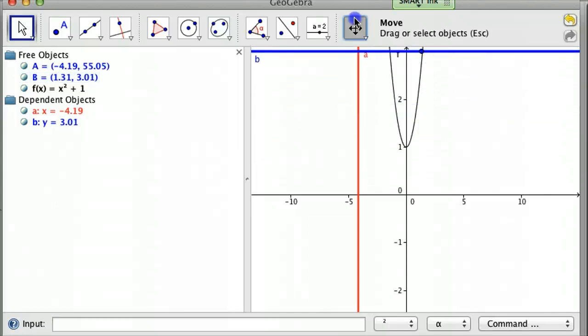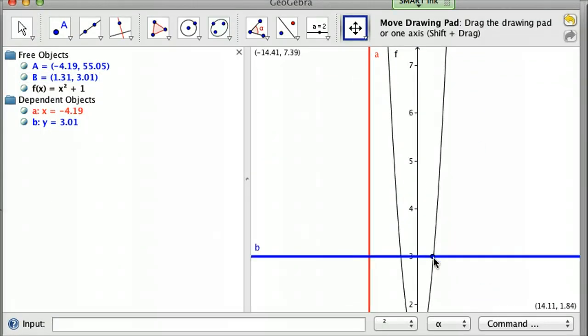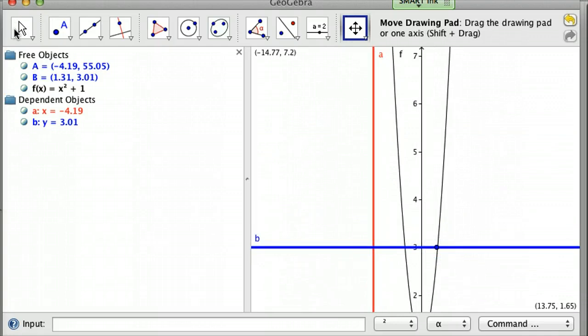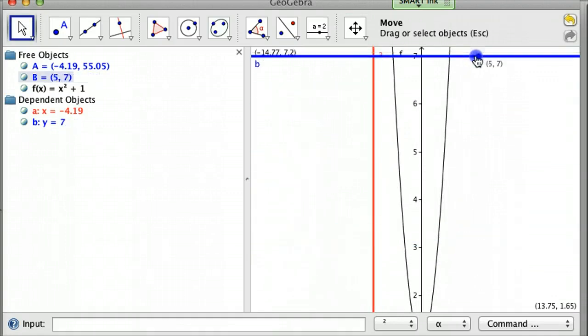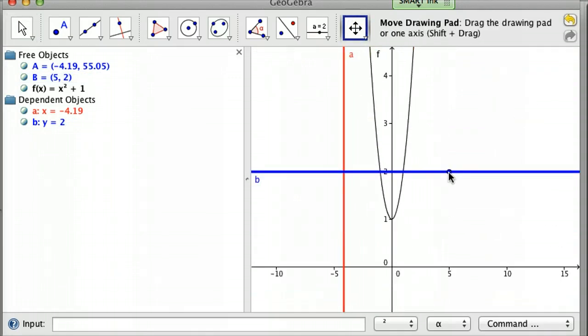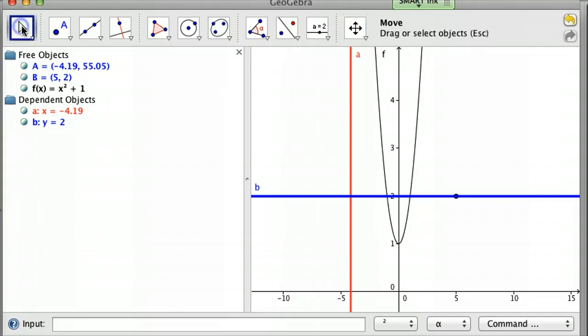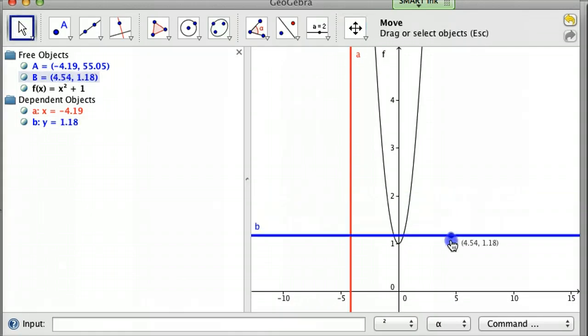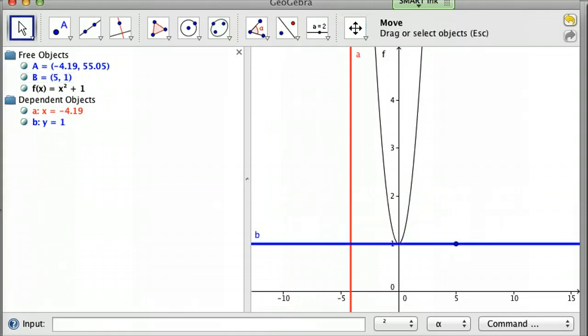Again, you could move the graph around and keep going just to illustrate that this horizontal line is always going to touch part of the graph. In fact, it touches in 2 places. So our range starts at 1 and goes on to positive infinity.